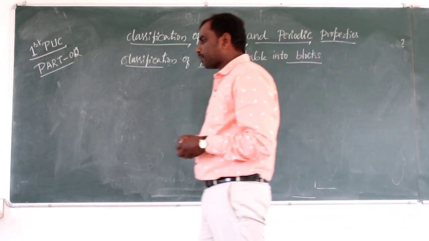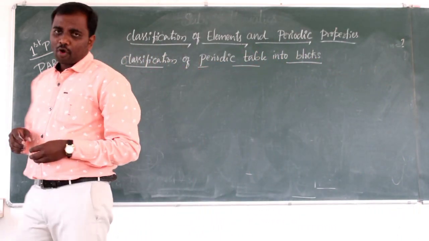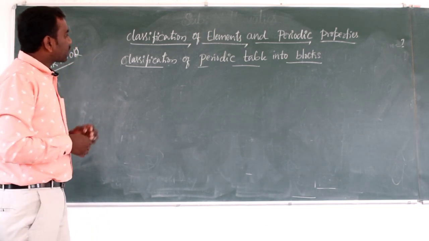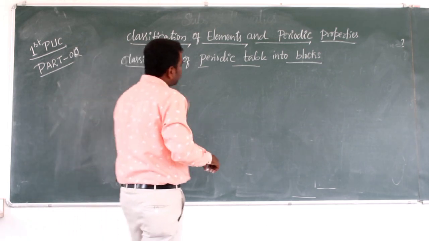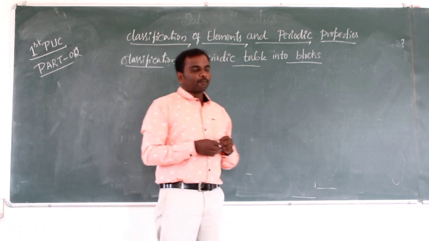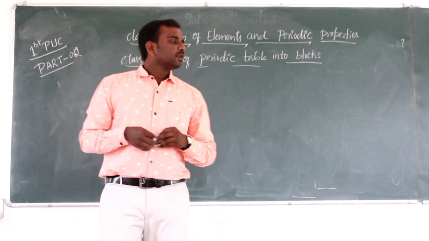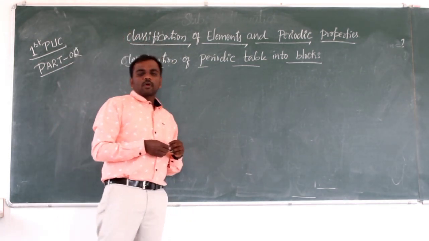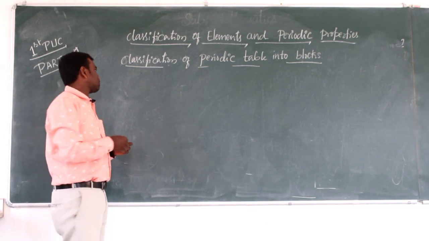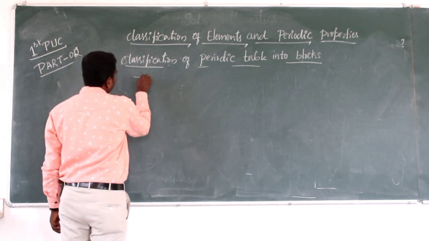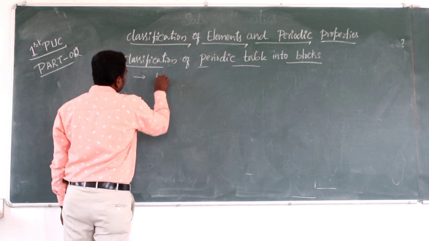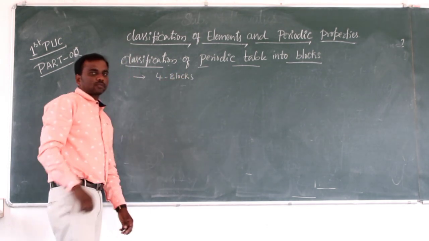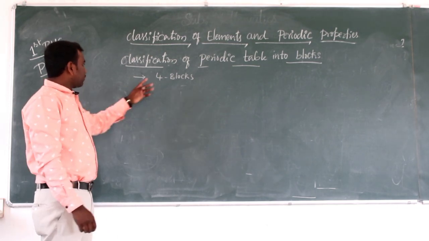Okay. See here. Today in this class, we discuss the classification of the periodic table into blocks. The long form of the periodic table can be classified into 4 blocks. Is it clear? Which are those?